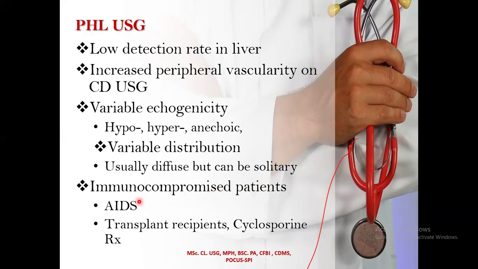Immunocompromised patients are at risk. Those people having HIV/AIDS, their system is immunocompromised. The immune system is down, so they can develop lymphomas. Then people undergoing organ transplantation too stand a chance of having it, because with organ transplantation we give you some drugs that will bring down the immune system so that your body will not reject the new organ.